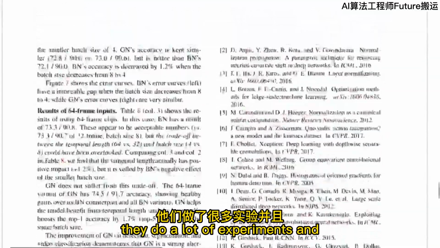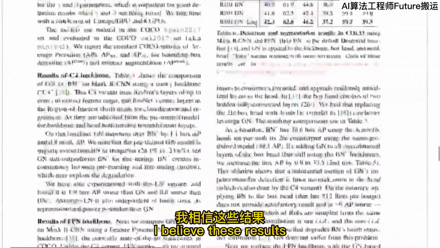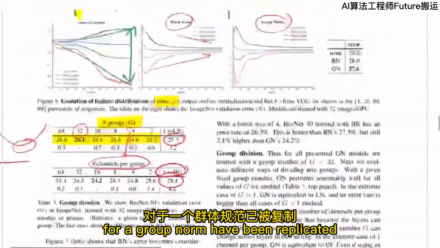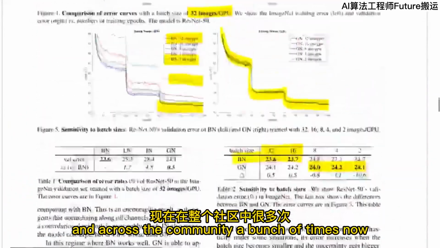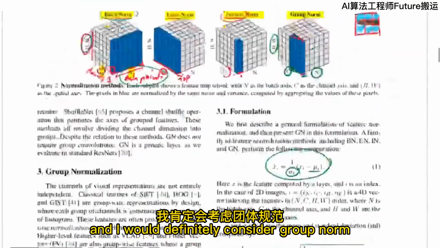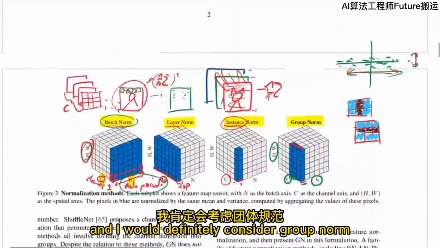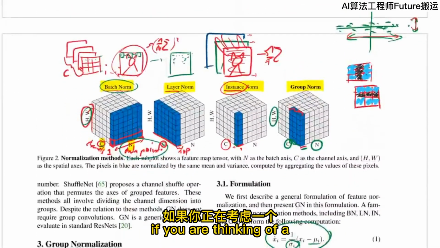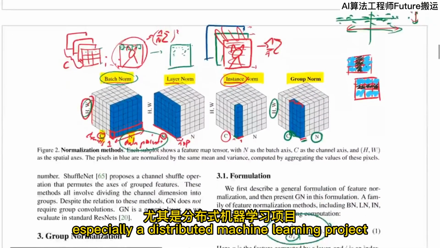They do a lot of experiments, and generally, as I said, I believe these results for group norm have been replicated across the community a bunch of times now. And I would definitely consider group norm if you are thinking of especially a distributed machine learning project.